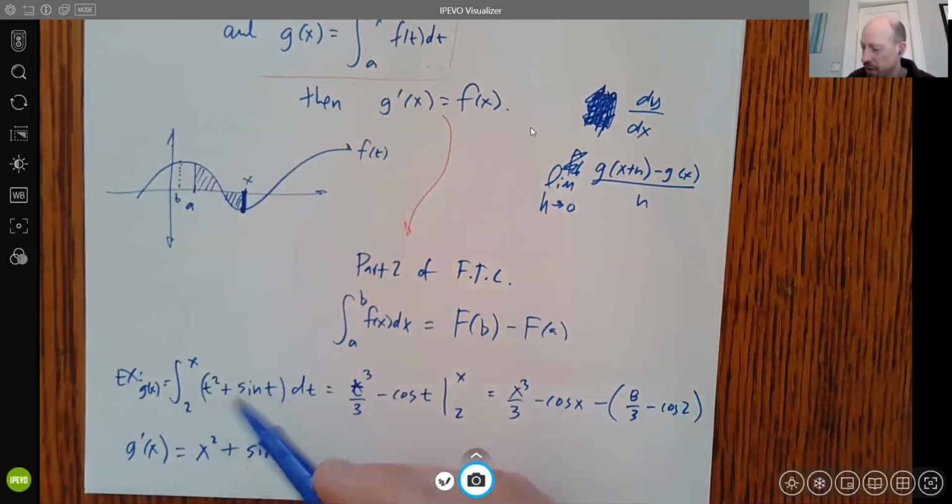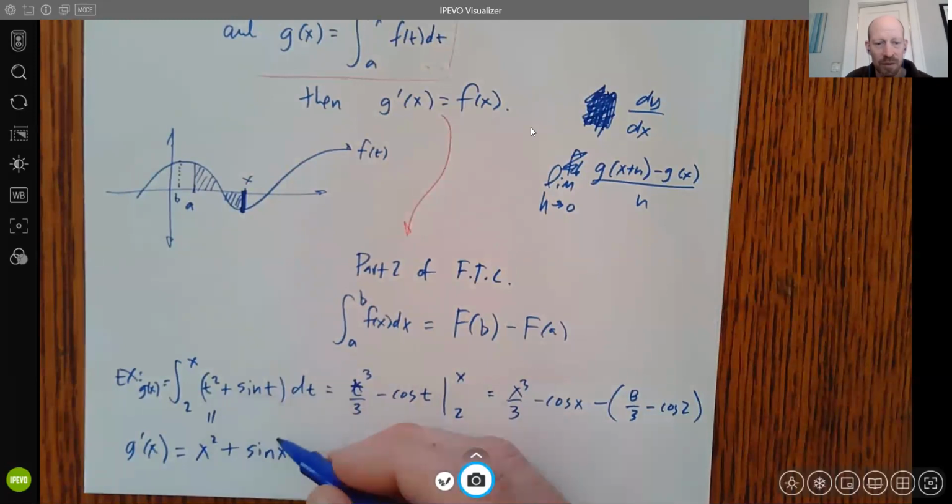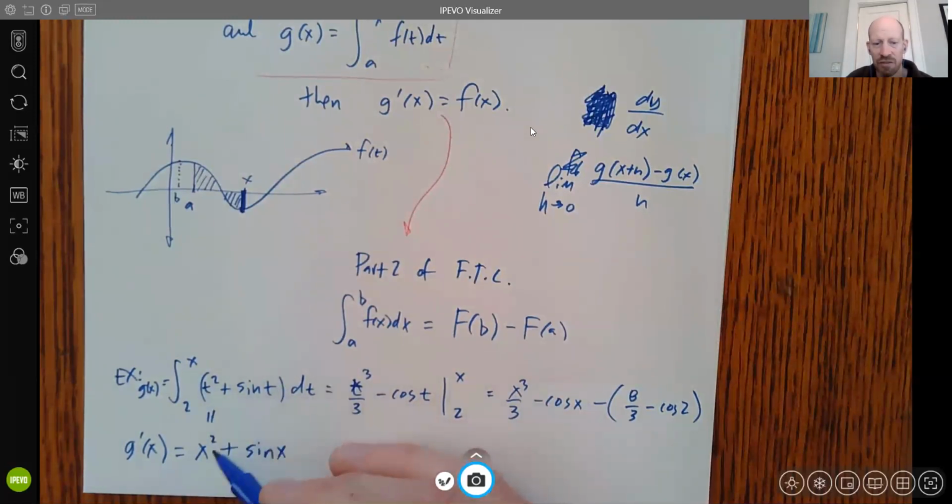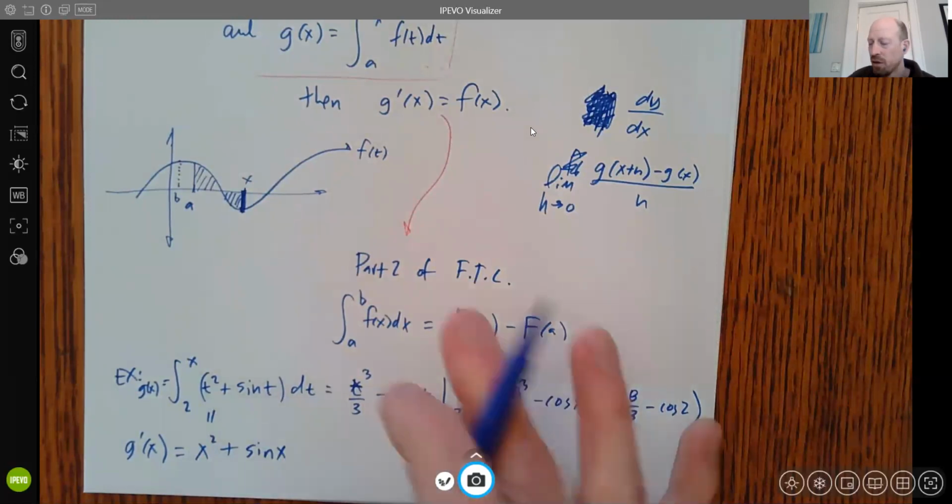We could have gone here directly using fundamental theorem part 1, right? Because that's what fundamental theorem part 1 says. If I take the derivative of this thing, I get back the original, the sort of inside function evaluated at x. And that's what we showed here.